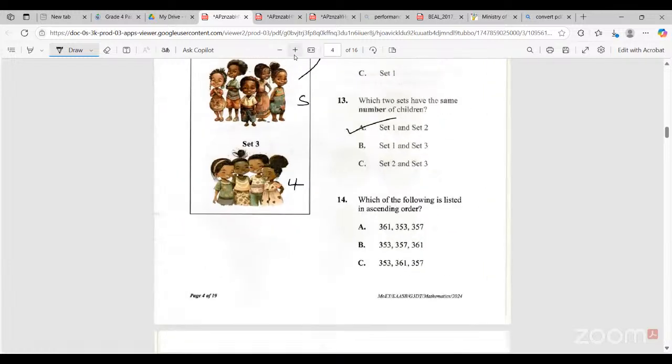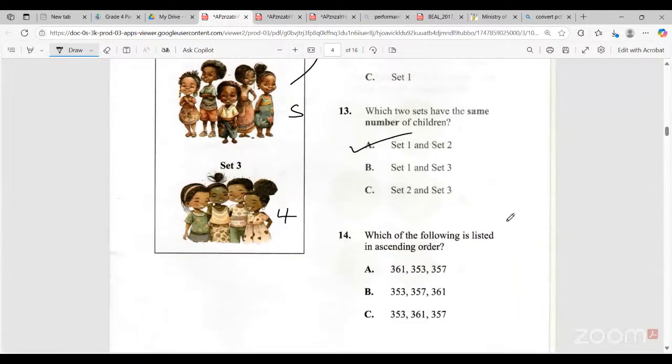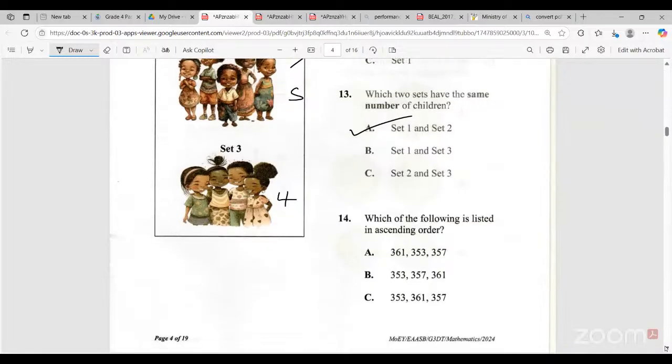Which of the following is listed in ascending order?